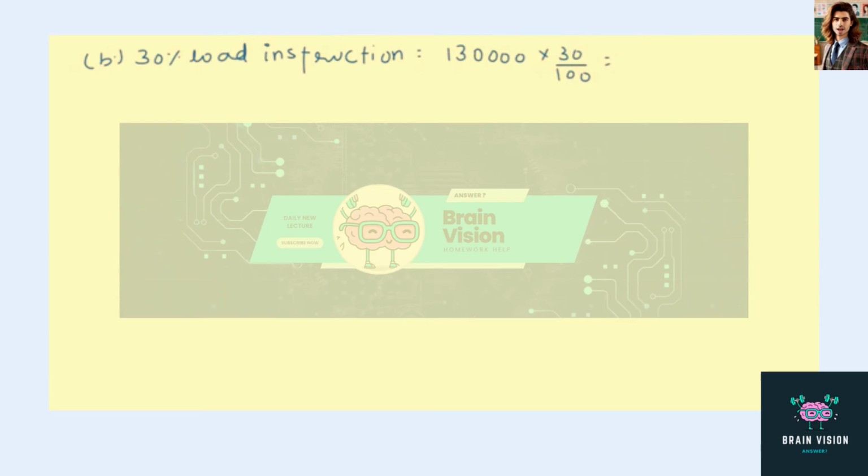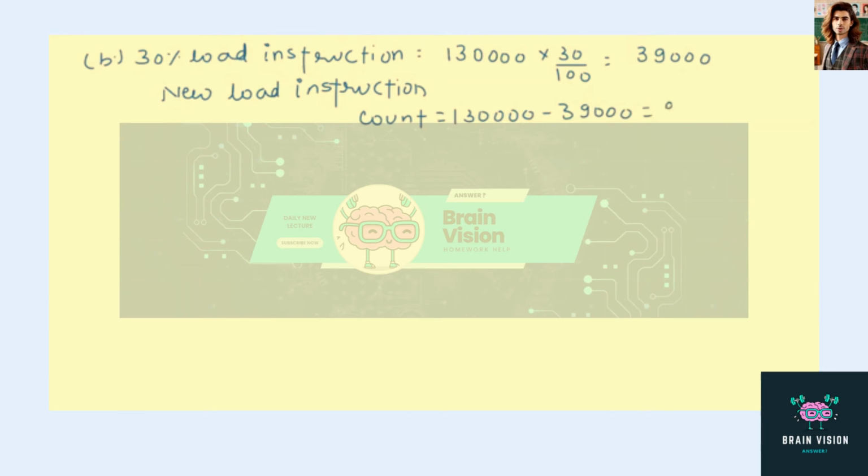So this comes out to be equal to 39,000. Correct. So now I will write down the new load instruction count. That will be given by 1,30,000 minus 39,000. So this comes out to be equal to 91,000.